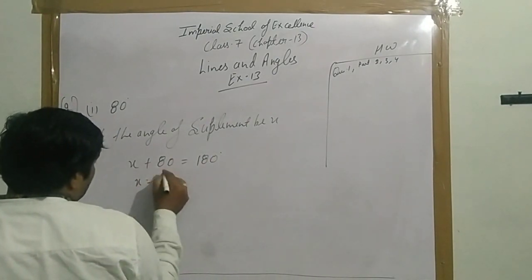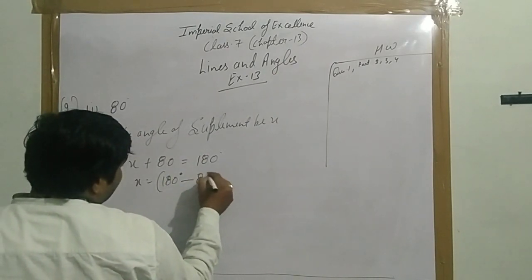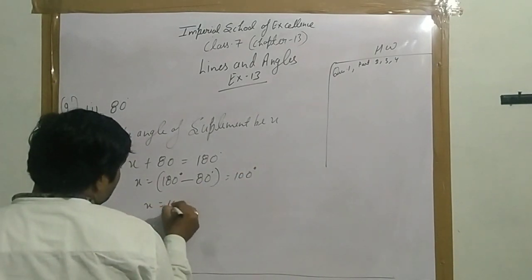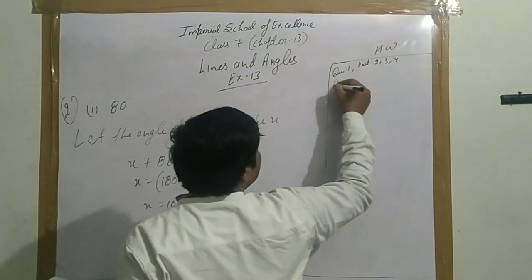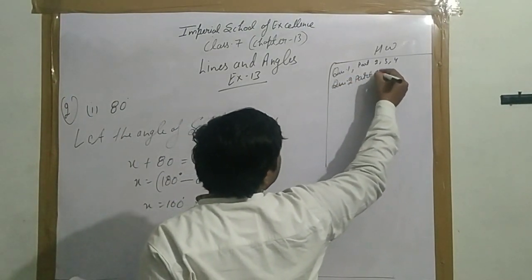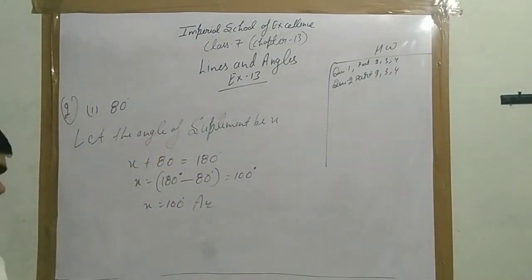So x equals 180 degrees minus 80 degrees. Your answer will be 100 degrees. In question number 2, you have to do parts 2nd, 3rd and 4th.